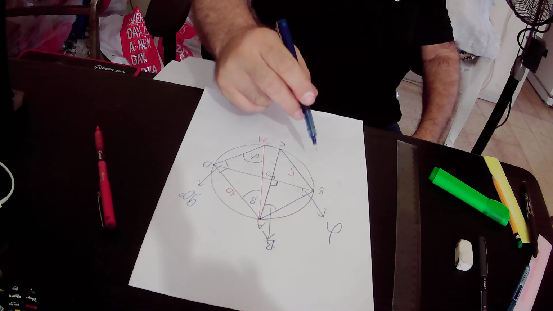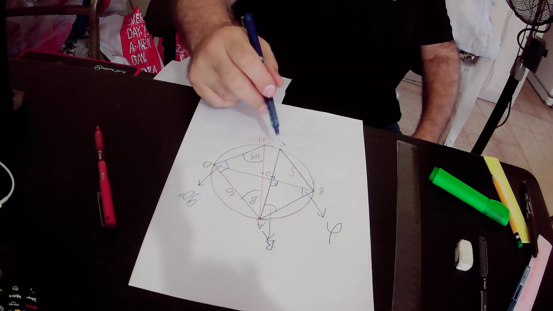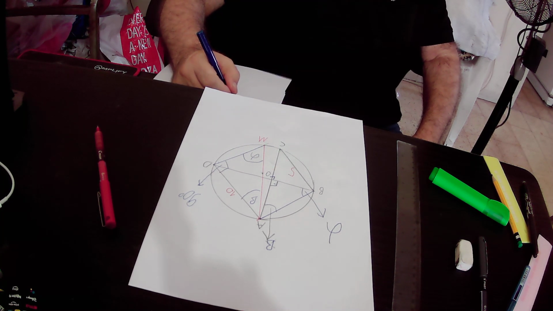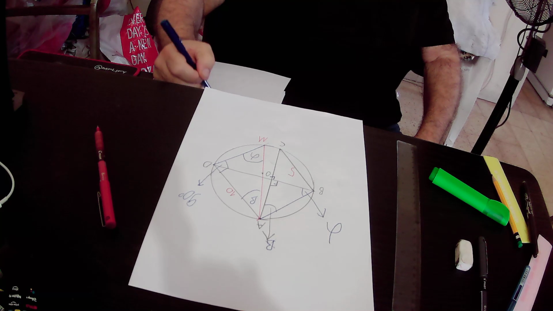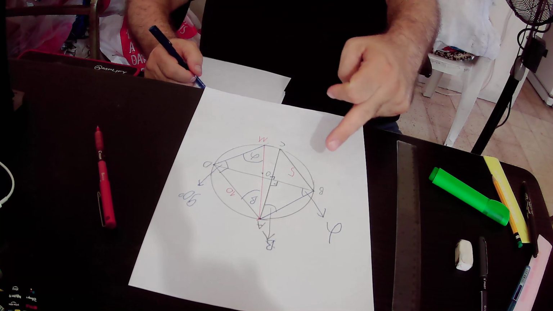Peripheral angle BAC equals to beta, and it rests on chord BC.